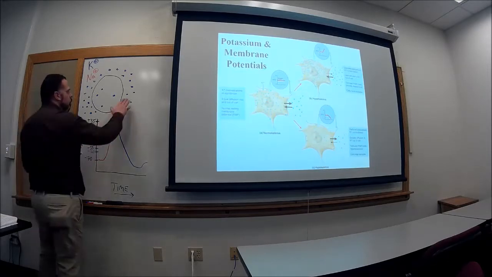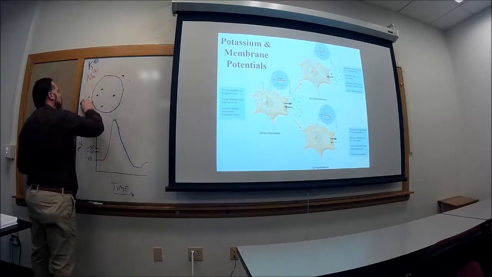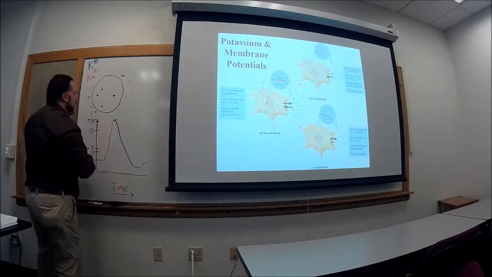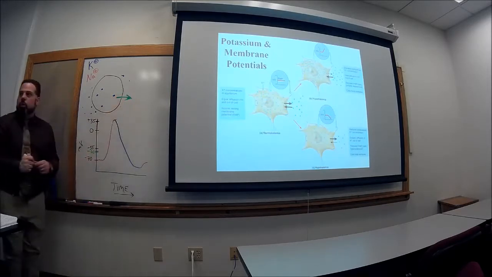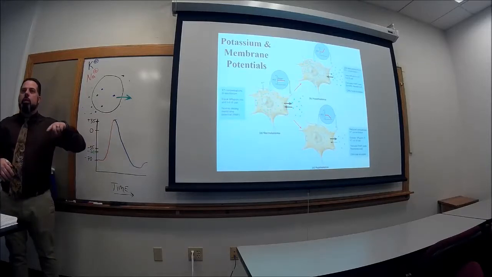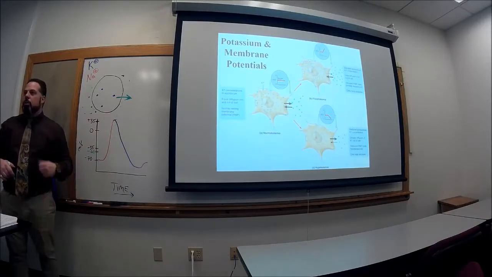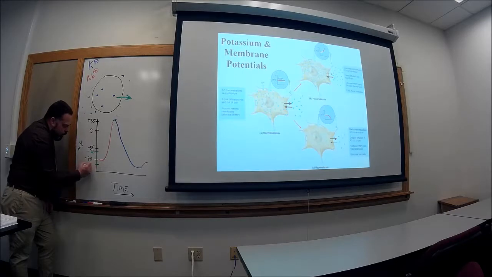So you're going to have less potassium out here than usual. So that means this potassium is going to shoot out there a lot faster. So what happens to the charge inside the cell? Does it become more negative or more positive? Negative. So what happens is, instead of resting potential being -70, it might go down to, let's say, -80.